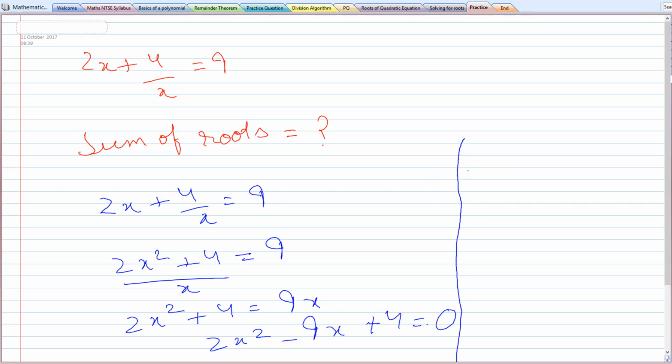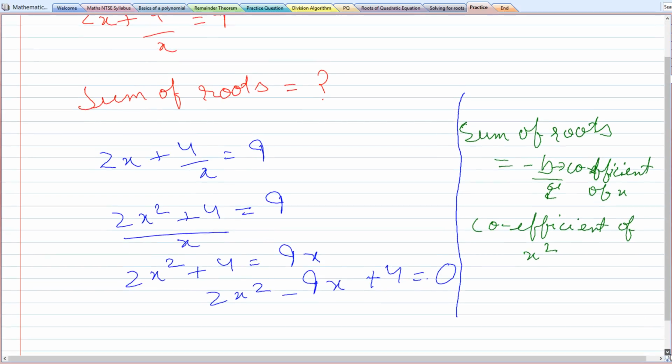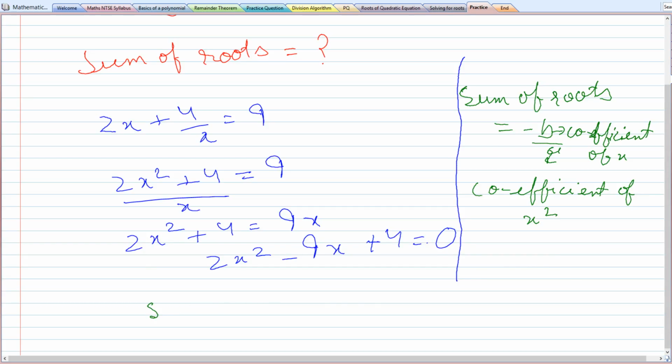Since we know that the sum of roots is equal to minus b by a, where b is the coefficient of x and a is the coefficient of x square, therefore the sum of roots is equal to minus 9 upon 2.